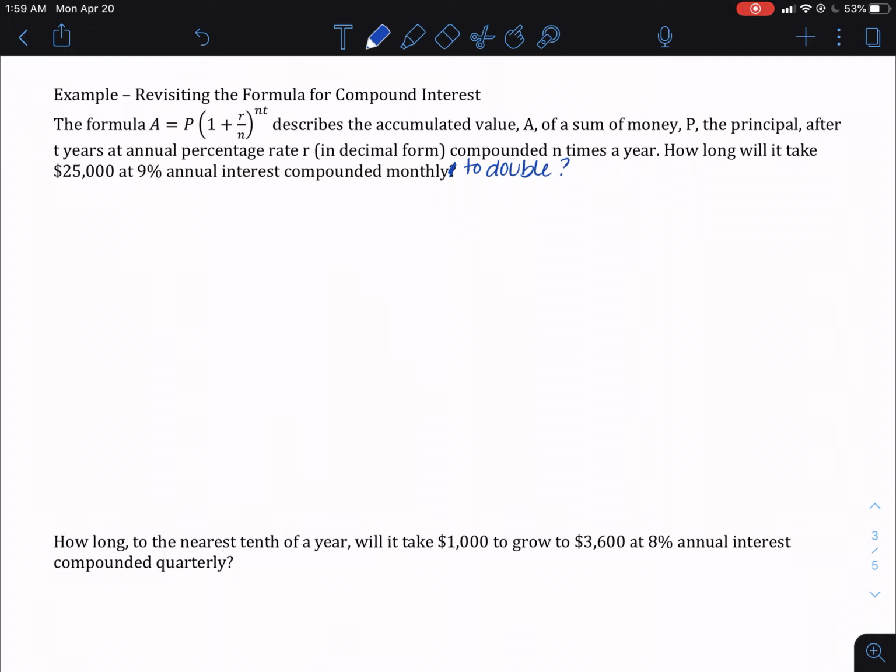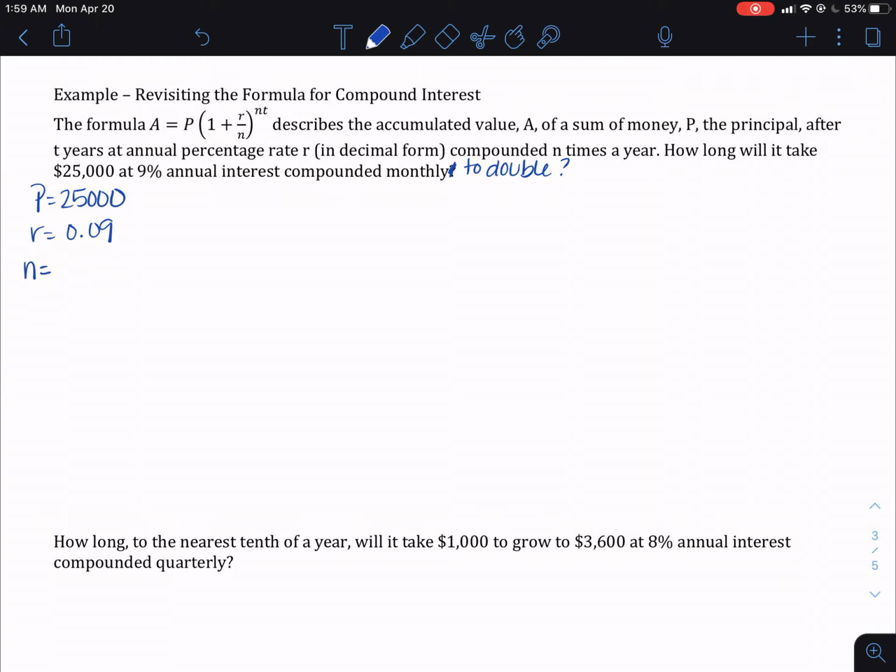Okay, so we're going to start off by stating everything we know. How long will it take $25,000? That's how much money we're starting with, so that's our P value. At 9% annual interest, so r equals 0.09, because we're going to change it to a decimal, compounded monthly, so that's our n.